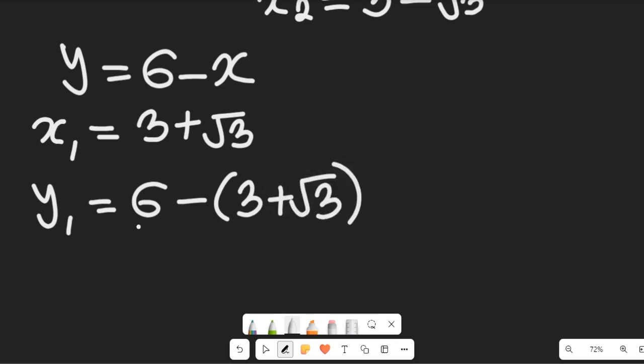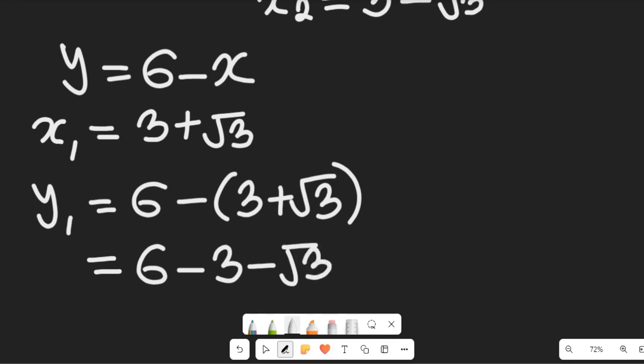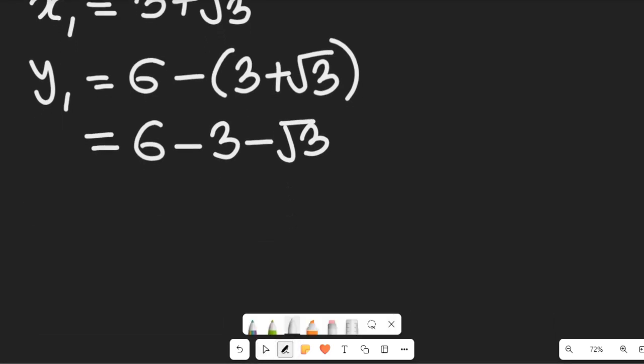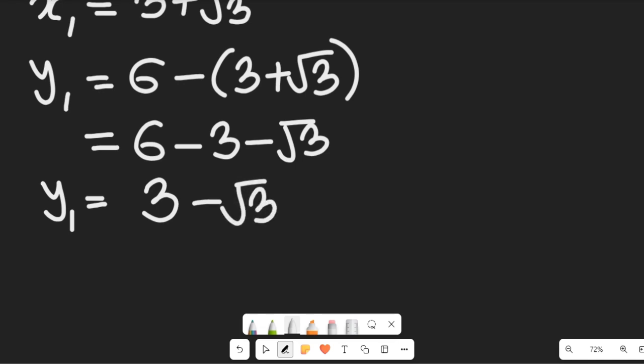And what will that expression give us? That will give us 6 minus 3 minus root 3, because this negative is going to multiply everything in the bracket. So we're going to have our y1 equal to 6 minus 3, which gives us 3, minus root 3.